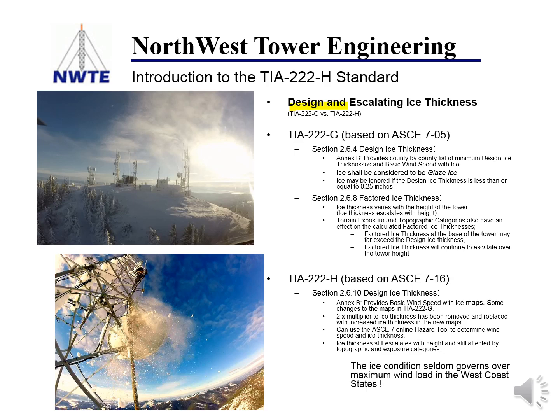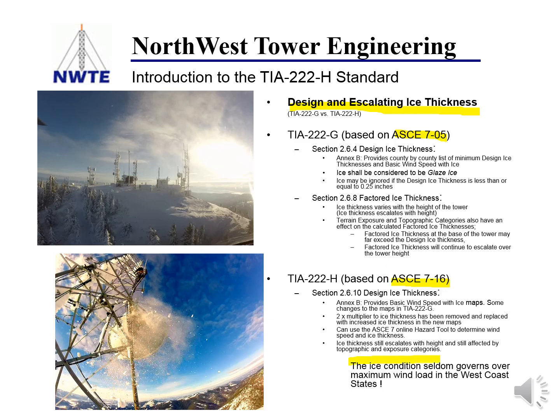Other changes are design and escalating ice thickness. After reviewing this, there isn't any huge changes. G standard was based on ASC 705. And the H standard is based on ASC 716. So a similar approach in both, but we have new wind maps once again, and slightly different ways of looking at things, but it pretty much amounts to the same where we are.